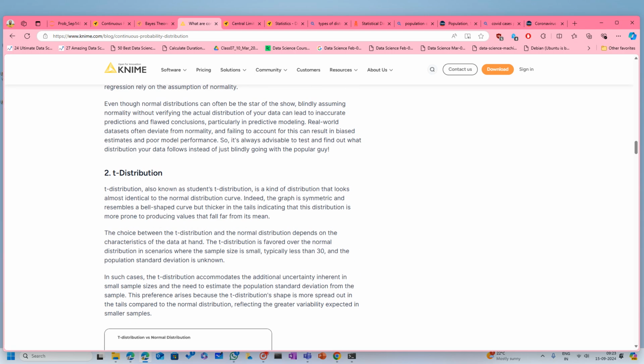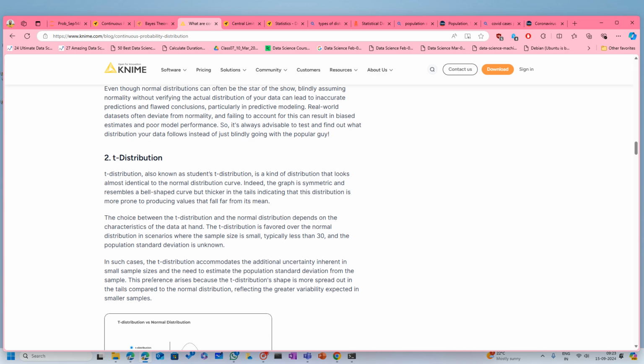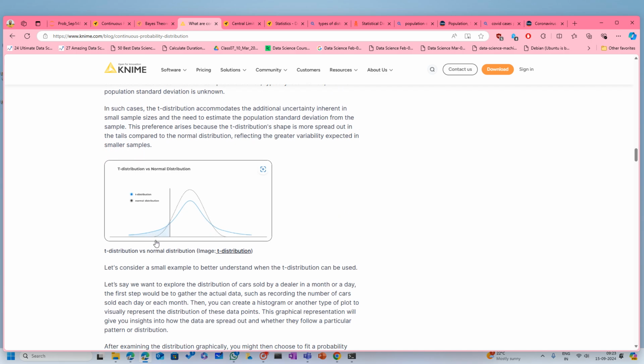It is also called the student t distribution. If you notice distributions which look very similar and exhibit normal distributions, then you apply a t test on top of that.